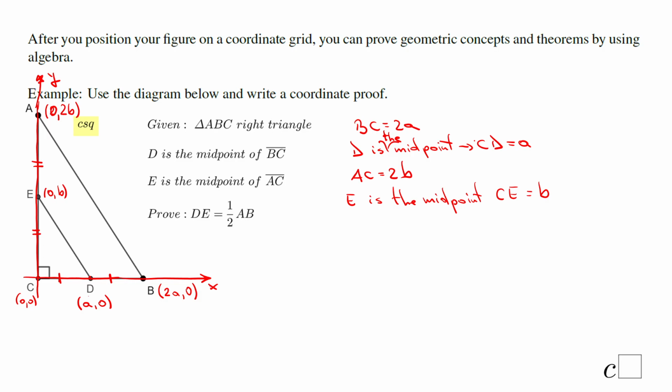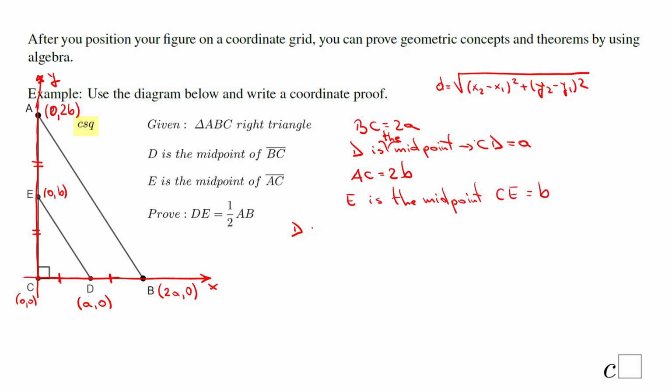So now we're going to need to find the length of these two segments, DE and AB. So I'm going to use the distance formula, which looks like this: d equals the square root of x2 minus x1 squared plus y2 minus y1 squared. And let's start with DE.